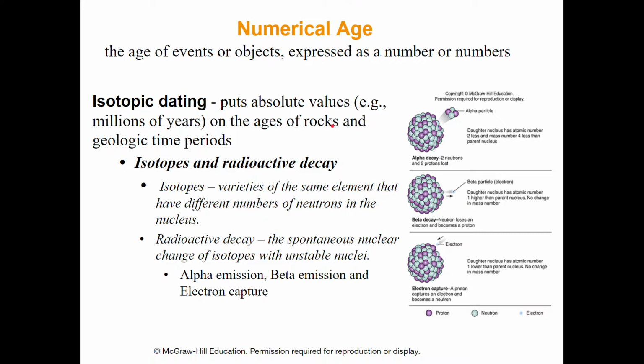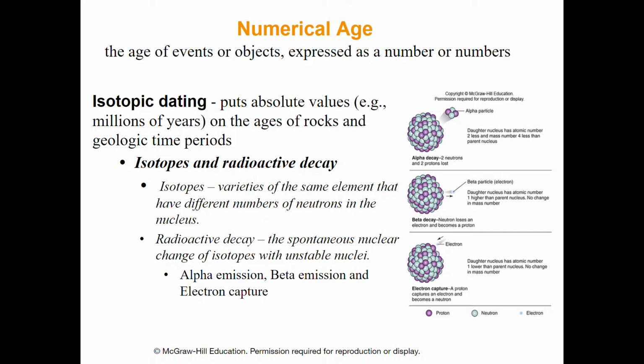Now, the other type of geologic, I don't want to say dating. Geologic, yeah, I guess it's dating. This is numerical age dating and not relative age dating. Numerical age dating is what it sounds like. It's where we put a number on these things.